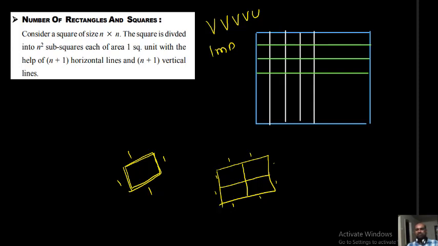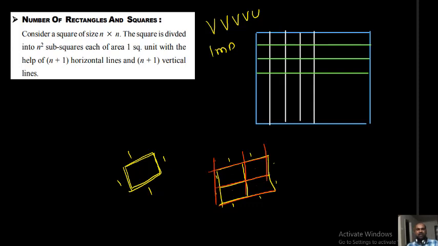Listen students, by using 3 vertical lines and 3 horizontal lines, the bigger square of side 2 is divided into 4 smaller squares of 1 unit length.